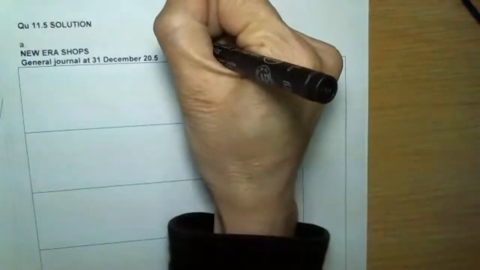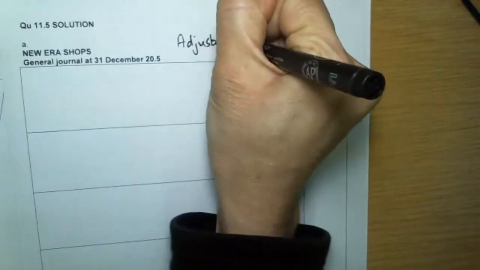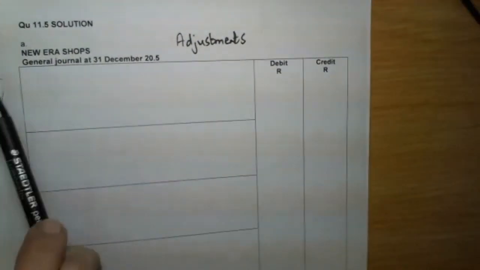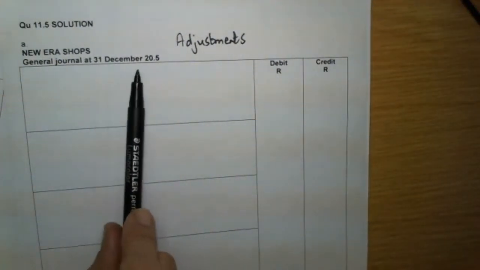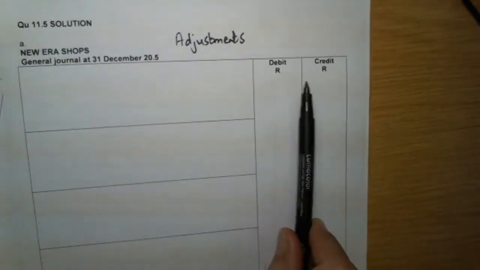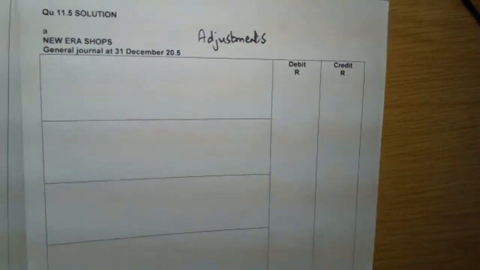This is where you're going to be doing your year-end adjustments. So you get a page, put your heading, General Journal at 31 December 20X5, and draw two columns for debit and credit with a rand.